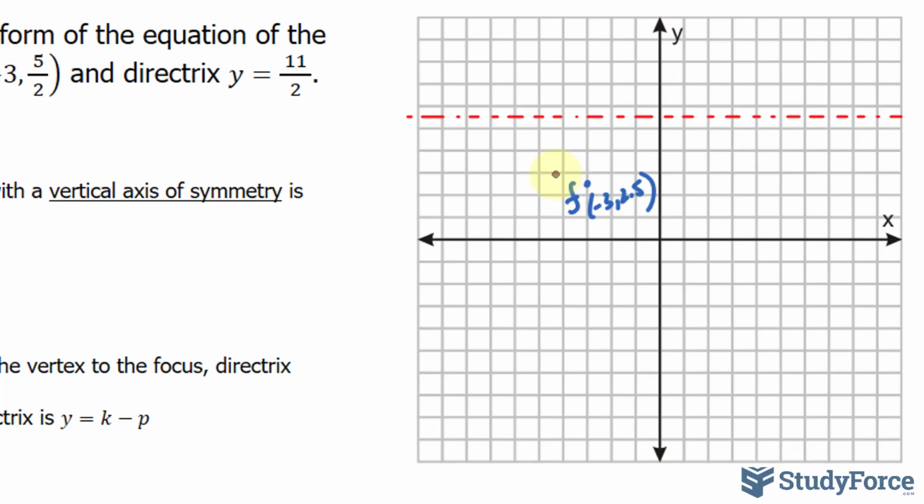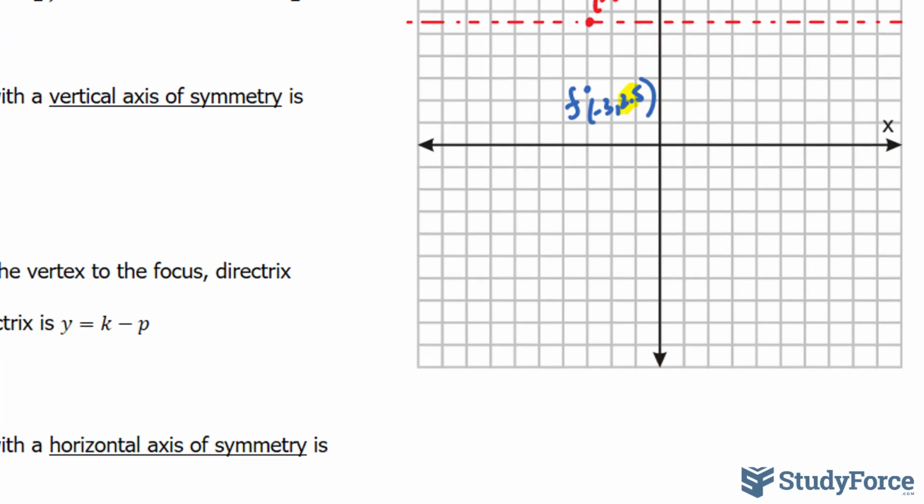Let me demonstrate what I mean. We have a point right here at -3 and 2.5. We should also have a point right here at -3 and 5.5. So the average of 5.5 and 2.5 will give us the y-coordinate of the vertex. To find the average of any two numbers, you add them up and divide by 2.